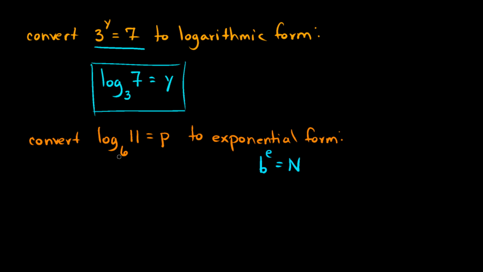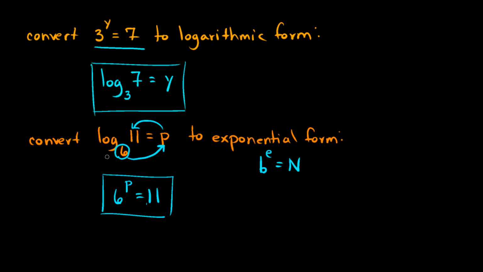So we start with the base. The base is 6. Then we raise it to the exponent. The exponent is p, because that's what the log equals. And this is going to equal the number 11. So this is the exponential form of that logarithm: 6 to the p equals 11.